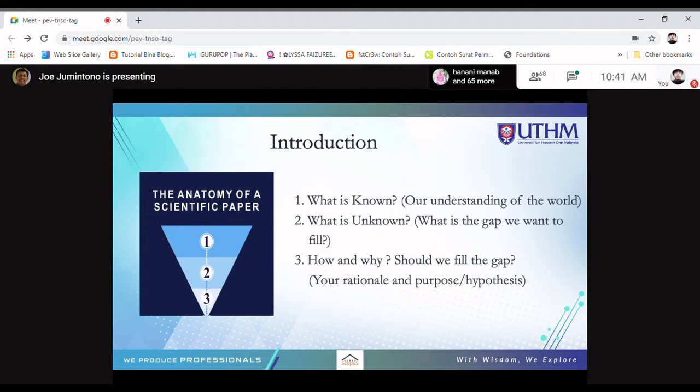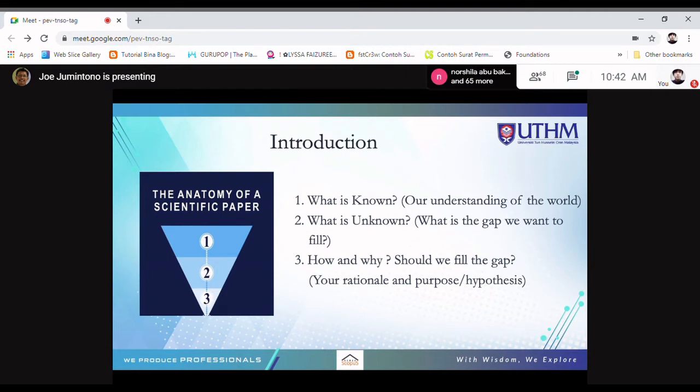So in number 3, you can put the rationale of the paper, the purpose of the paper, and also the hypothesis of the paper. This is a very, very important part of the paper.